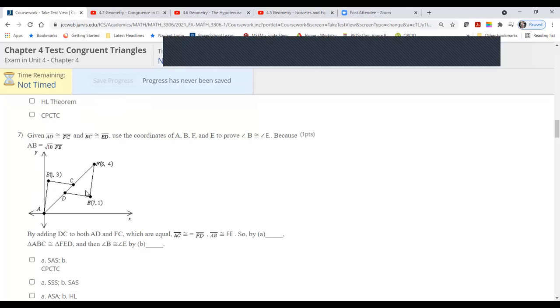And then BC equivalent with DE, okay? So use the coordinates A, B, C, F to prove that angle B is congruent with angle E.